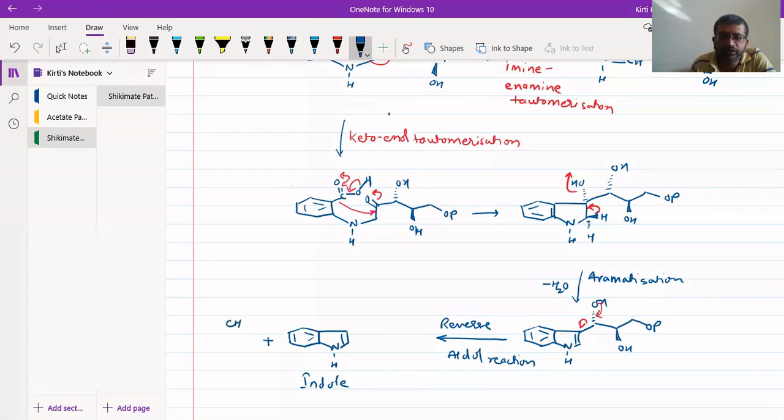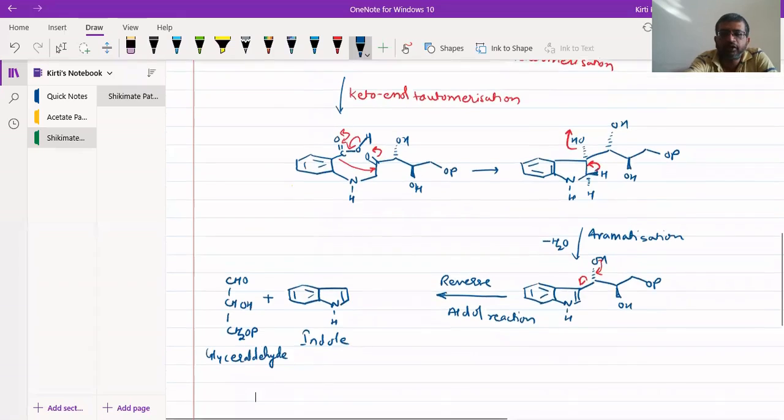We will get it as CHO, that is, this carbon now becomes a CHO group. Here we will have a CHOH, that is this one, and we will have a CH2OP. So glyceraldehyde will be eliminated out, and we will get an indole.